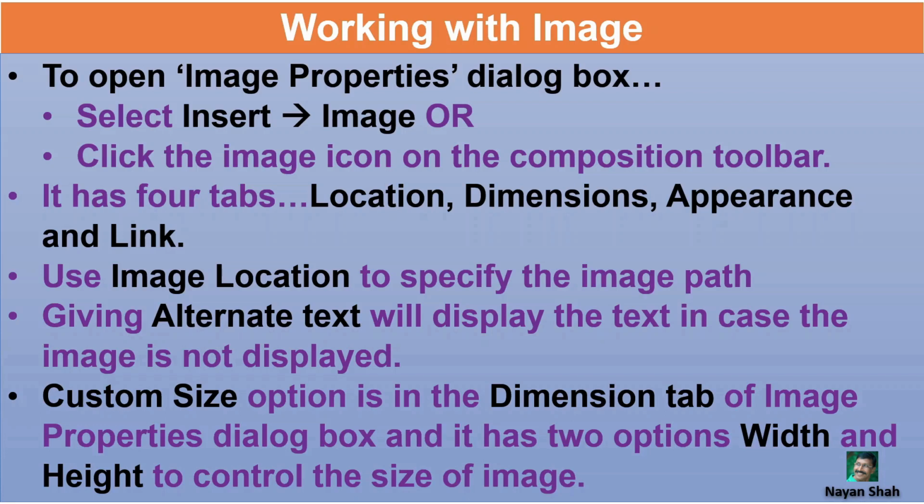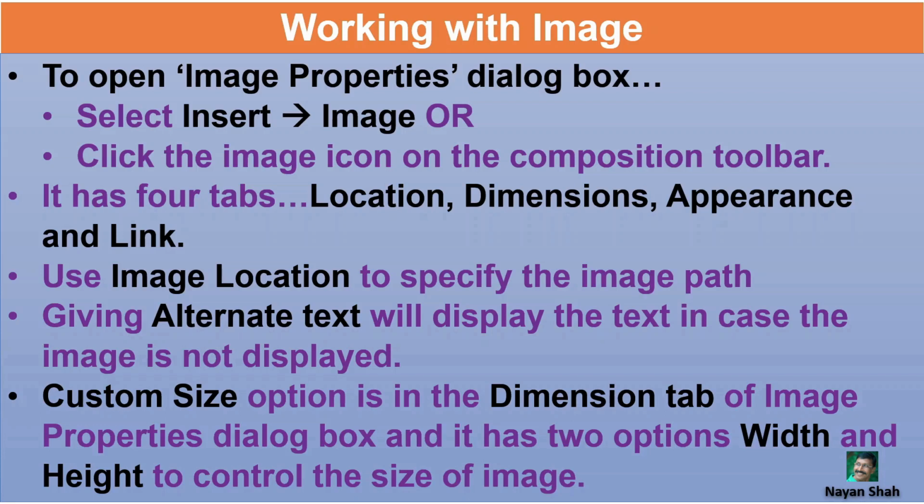Once you click on the image icon on the composition toolbar, it will display the image properties dialog box. This dialog box has 4 tabs: location, dimensions, appearance and link. Let us first quickly understand this, and then we will go into all these tabs in detail. The image location, the first tab, is to specify the path of the image where the image is lying in your computer.